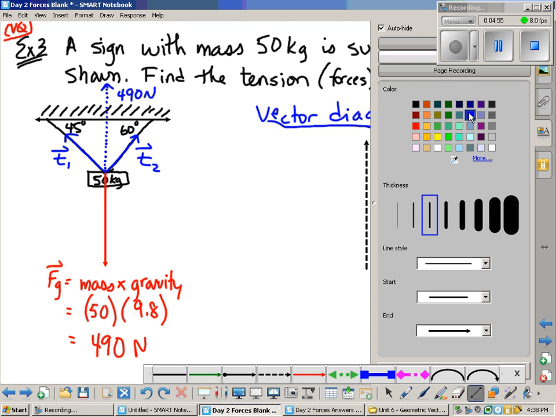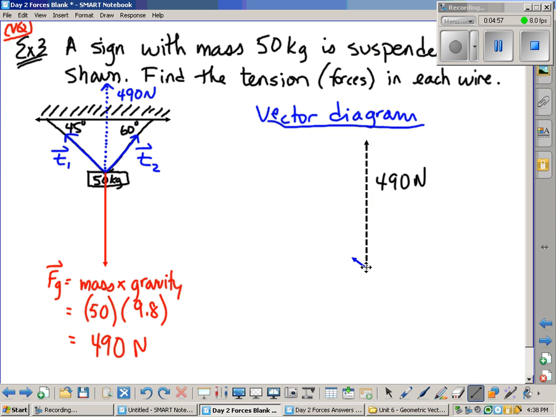So T1 is going to be right here. And we're not sure exactly how long it is. It's going to be roughly here. But remember, this is a sketch of a possible scenario. So I'm going to draw it about there. And then T2 is going to go right there. And we'll see that this is T1 and this is T2.